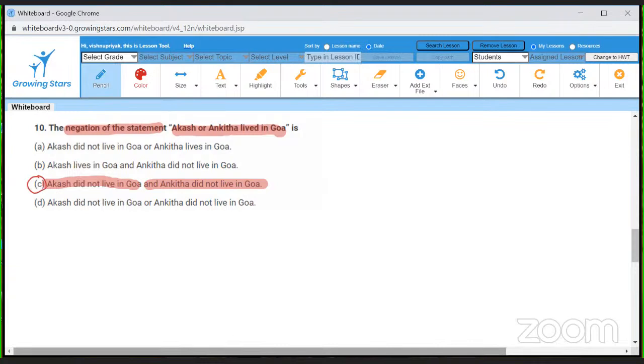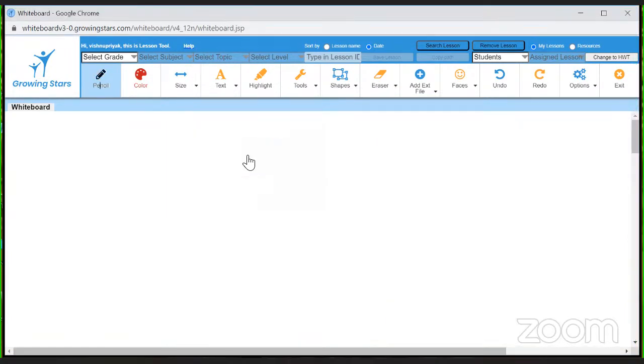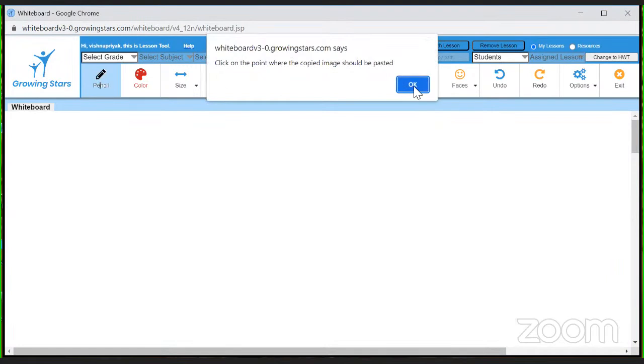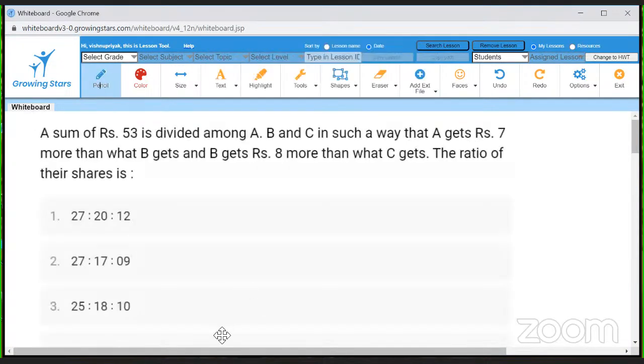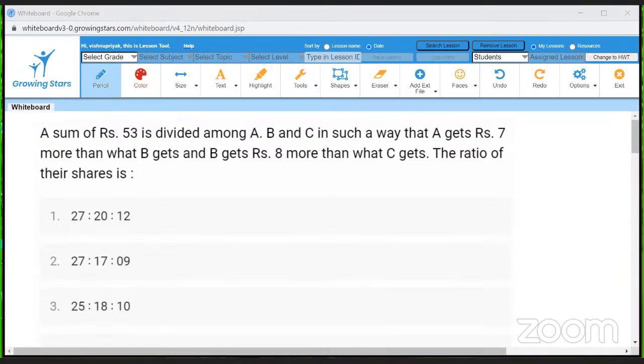Now let's go to a little more difficult level problems. This is the question. What is given? First one I will tell you.